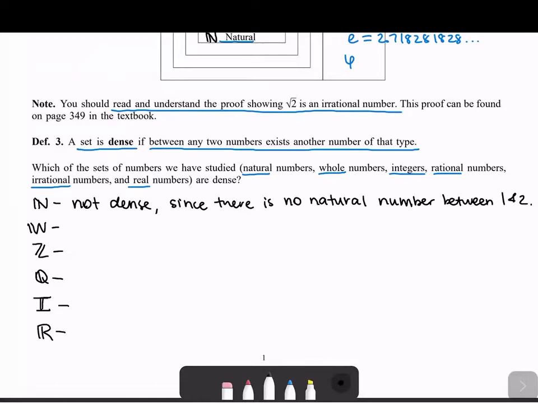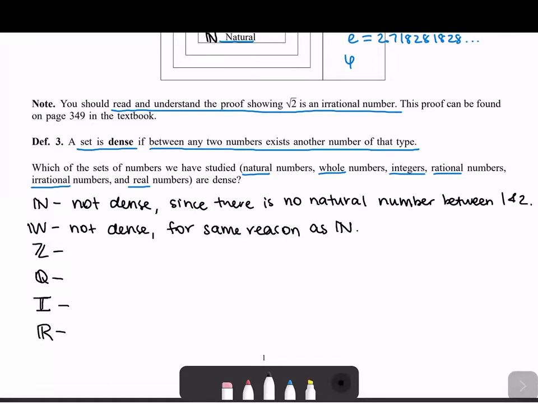So the whole numbers are just the natural numbers, and then you add on a 0. Well, again, 1 and 2 are whole numbers, and there's no whole number between that. So the whole numbers are not dense. And it's the same reason as the natural numbers. Okay, what about the integers?